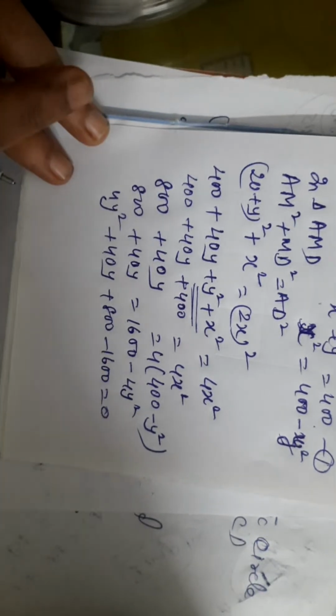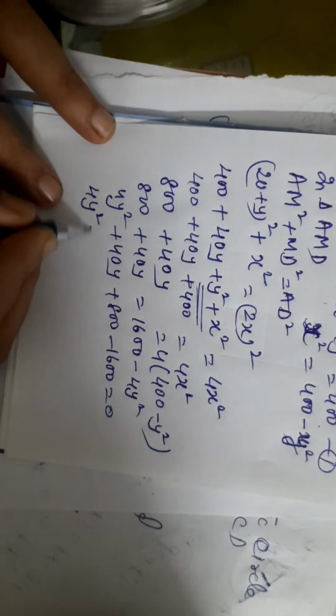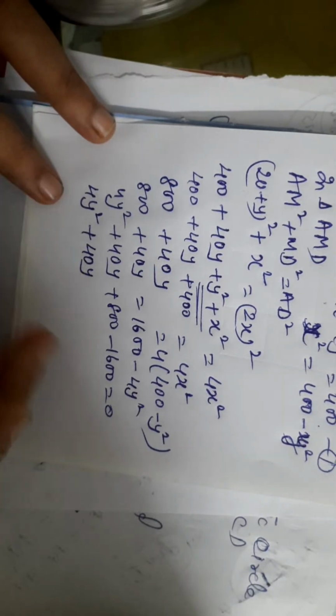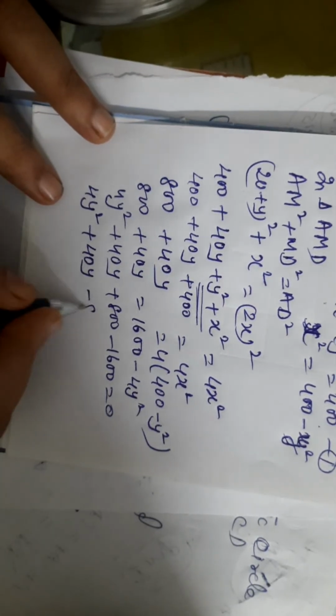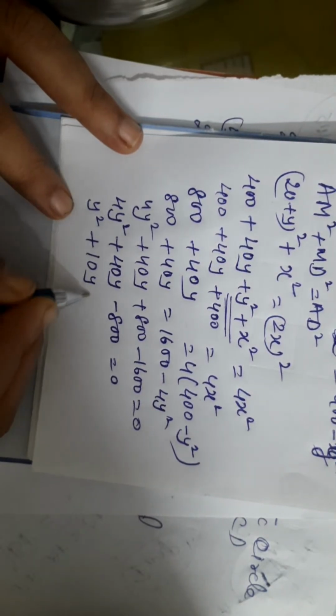I shifted all together towards the left. So finally it is 4y square plus 40y, subtract them, minus 800 is equal to 0. Now 4 can be taken common. So it's y square plus 10y minus 200 is equal to 0.